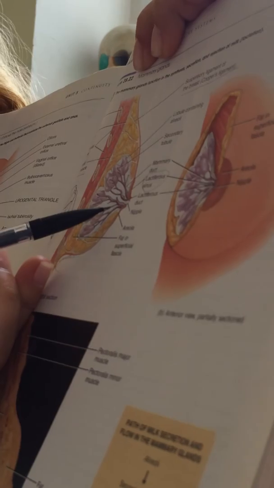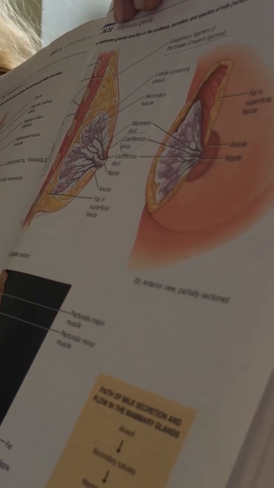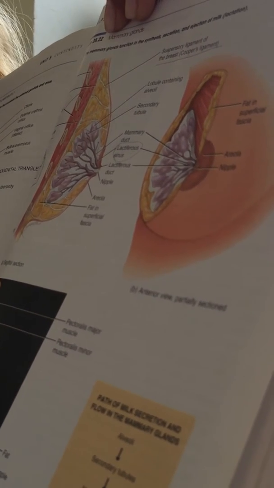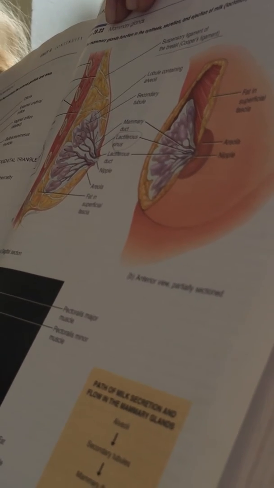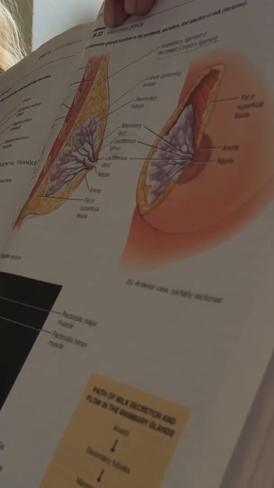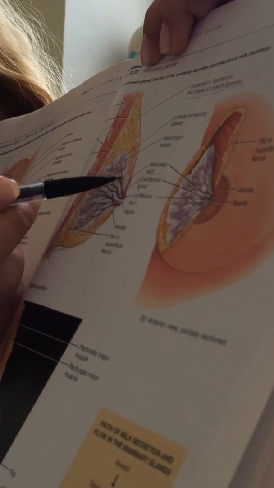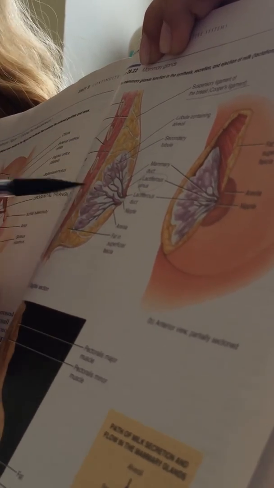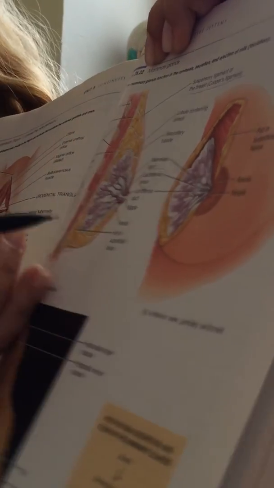The milk production itself occurs in the mammary glands, which are somewhat changed sweat glands, reconstructed or whatever. Here you have lobes and lobules. You have nearly 15 to 20 lobes, and these lobes consist of lobules.